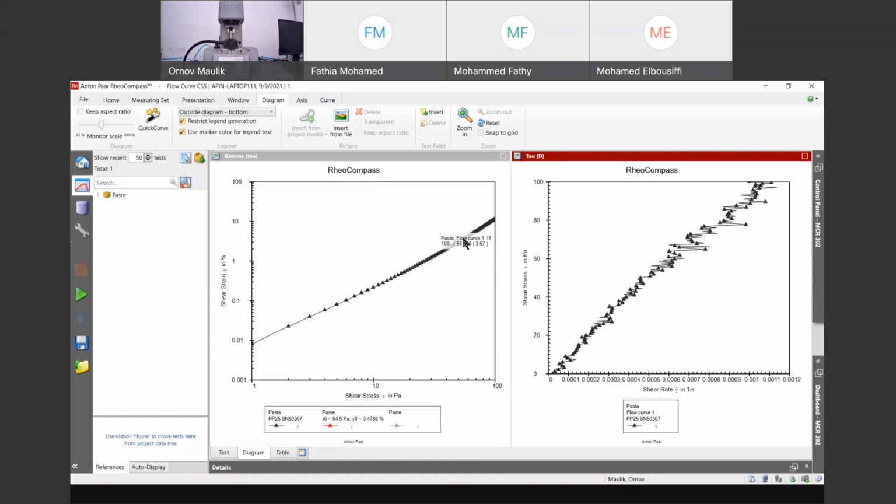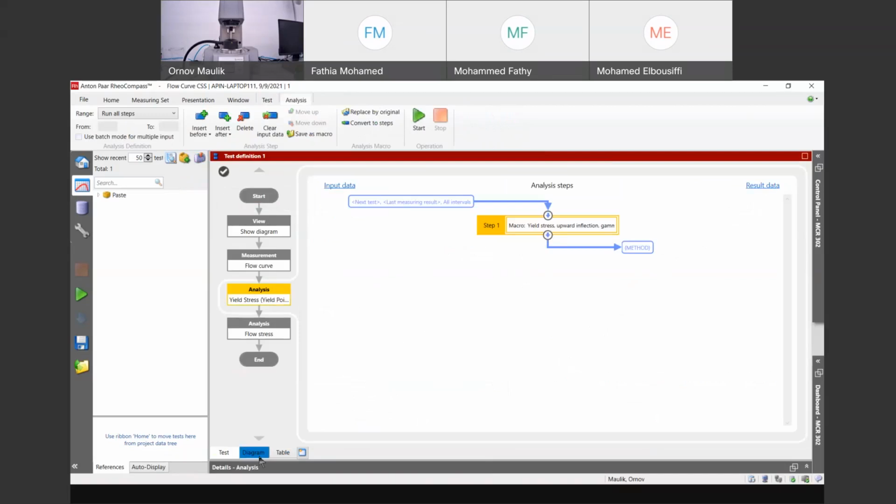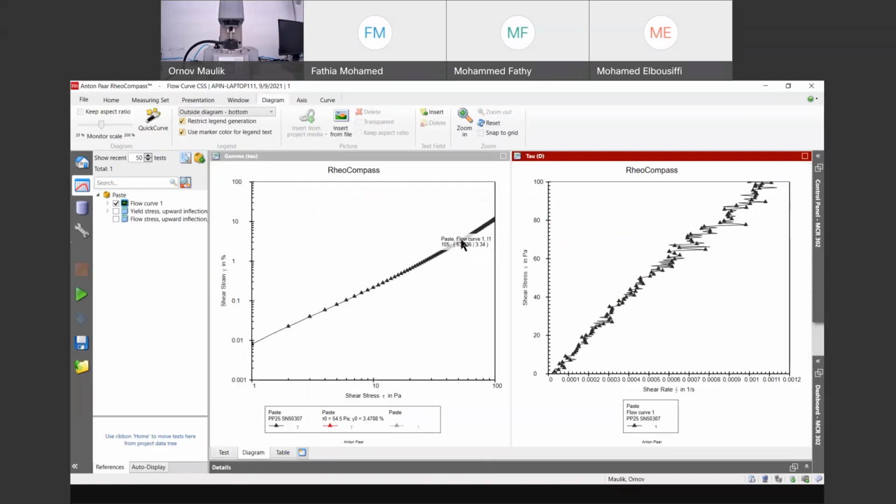This is the yield point. Here a little bit of that inflection had occurred, but there is no flow stress. So inflection is at around say 54.5 Pascals, but after that we cannot see a flow stress region because still it is under the plastic deformation range.